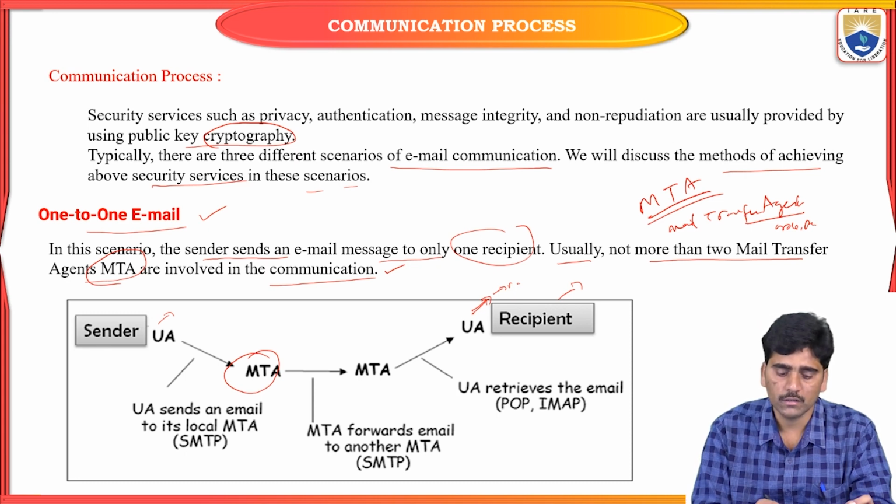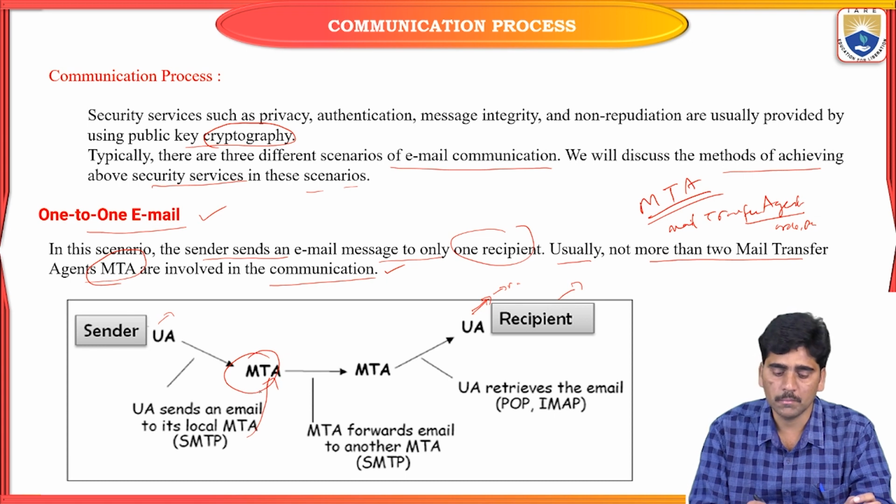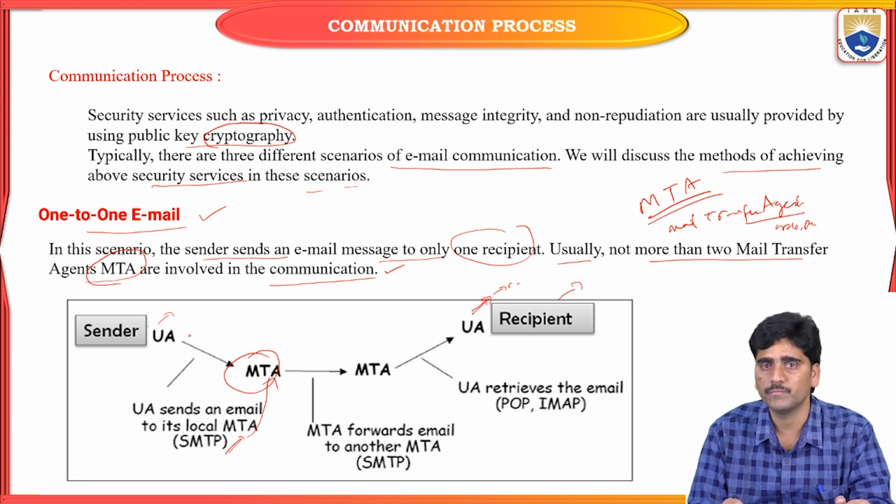Here the authenticated user sends an email to its local MTA. The mail transfer agent is nothing but a role, a service, a protocol, a policy, or anything. Anyway, you can say that a mail transfer agent is a service or a protocol. Here, SMTP, Simple Mail Transfer Protocol, acts as the mail transfer agent on the sender side.